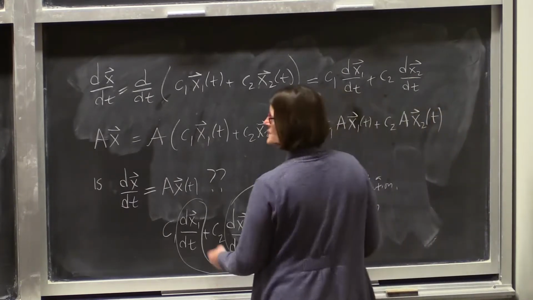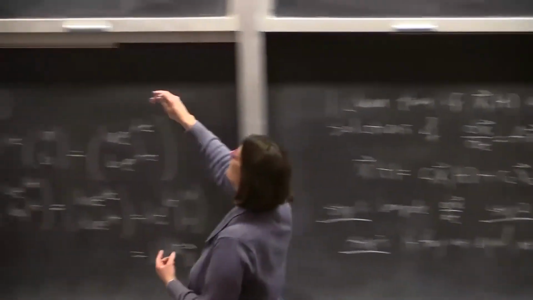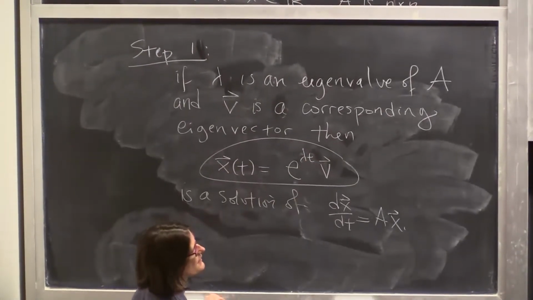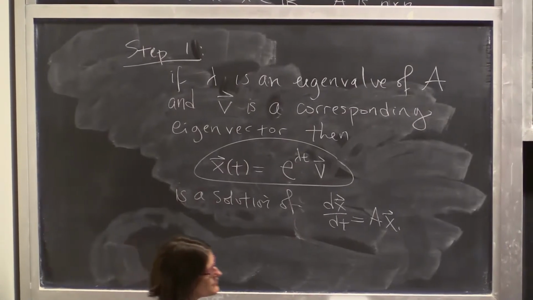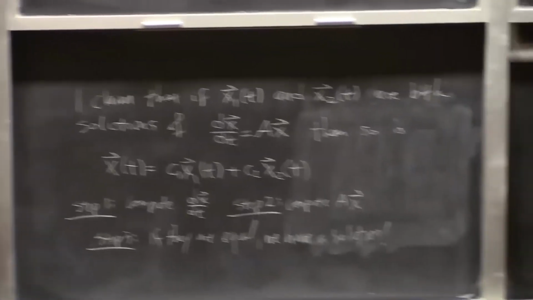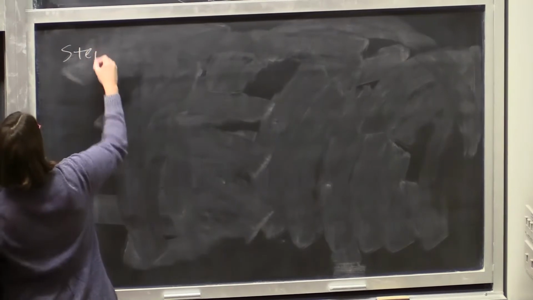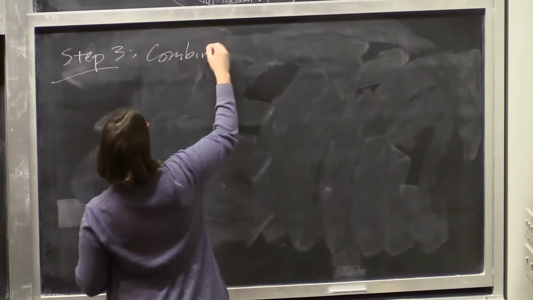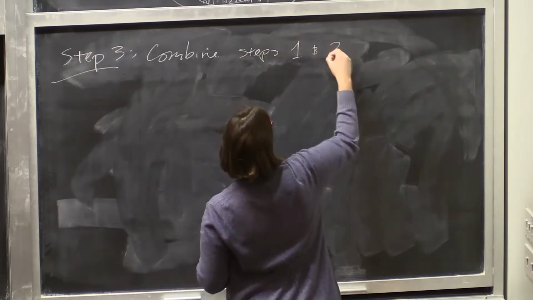So what do we have? From step 1, we have that if you have an eigenvalue and an eigenvector, then for sure this will be a solution. From step 2, we have that any combination of solutions is a solution. So step 3, we combine steps 1 and 2.